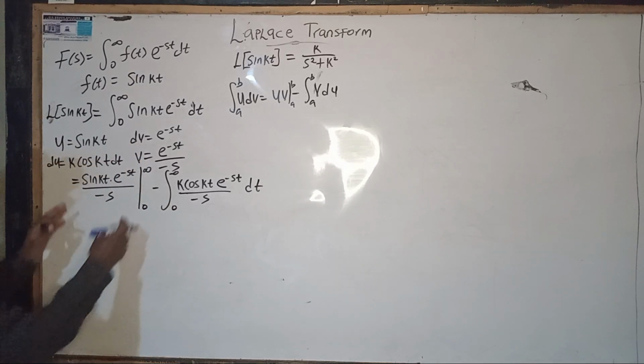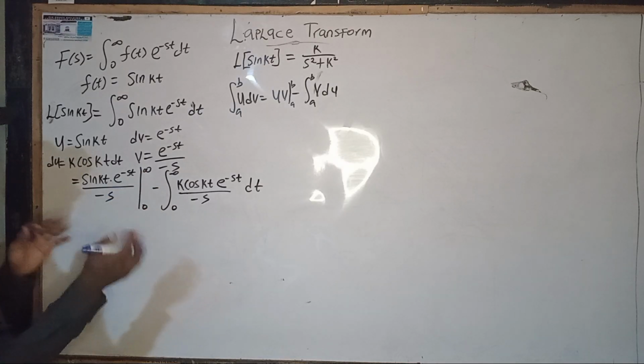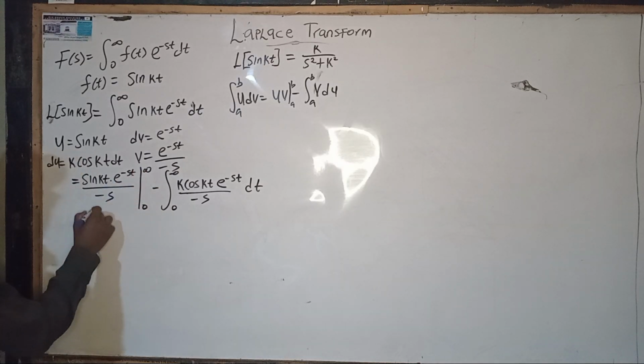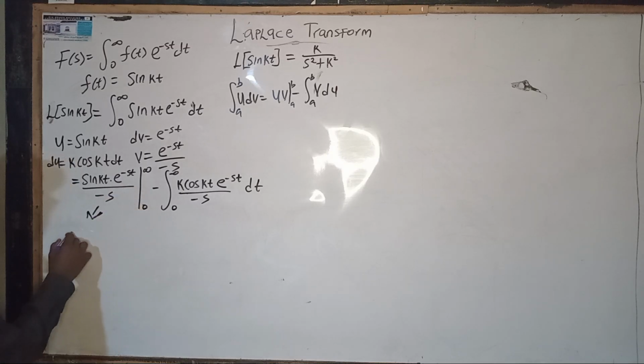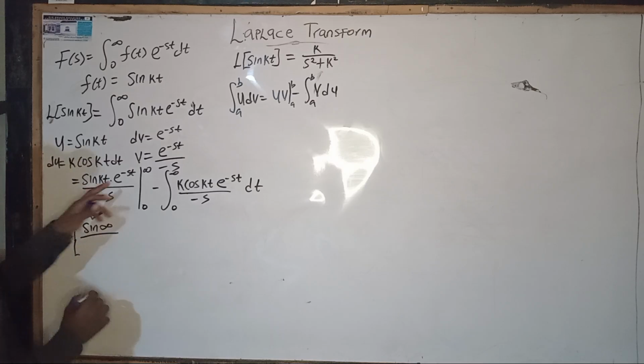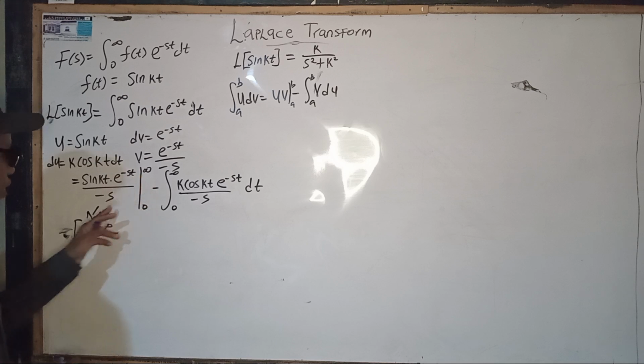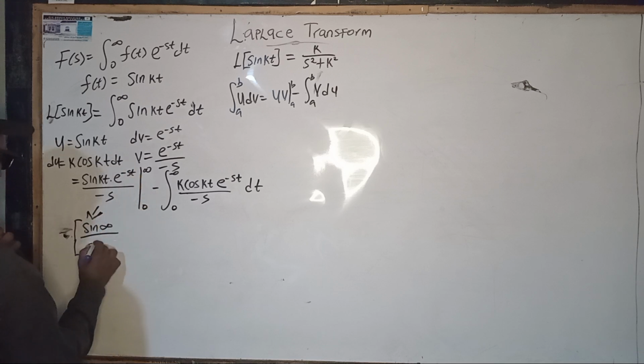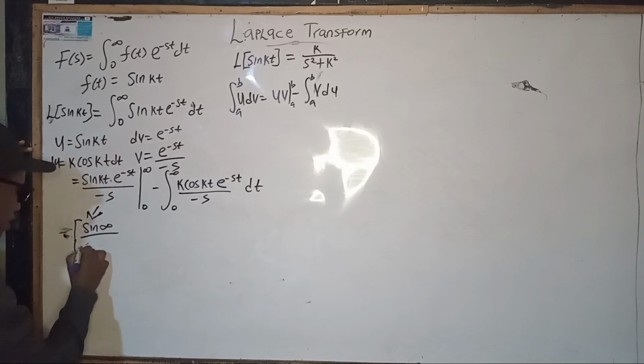Now let's focus on the left part first. If I put in my infinity and 0, I have sine infinity over, you should not forget that e is raised to the power minus, so it comes down, e raised to the power infinity, with minus s.